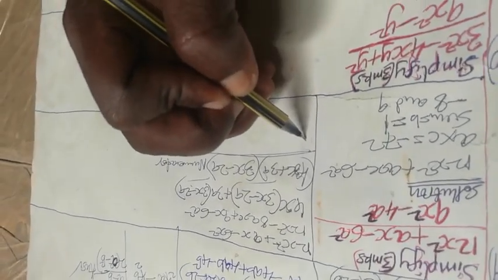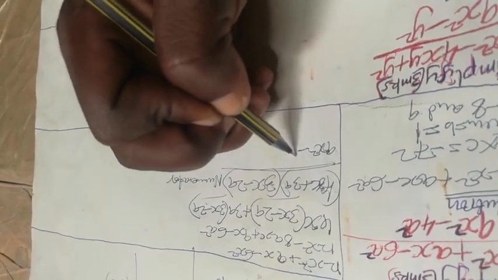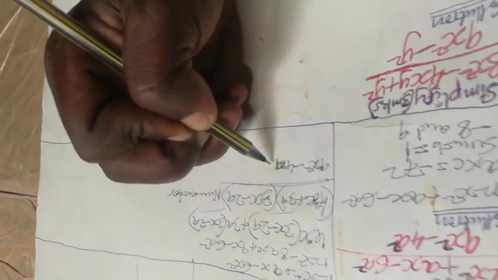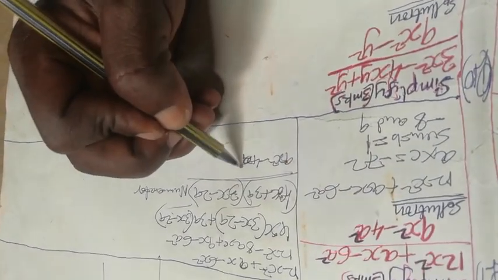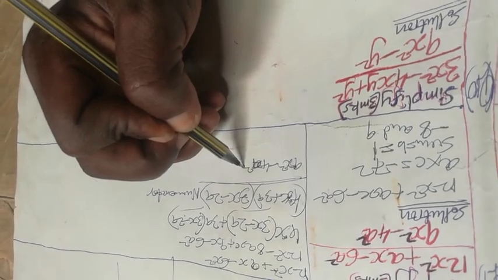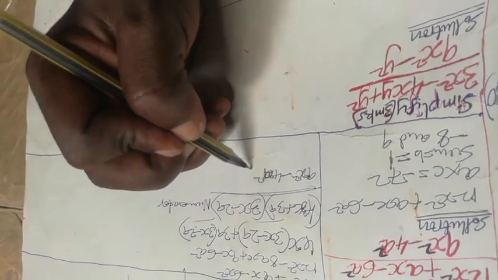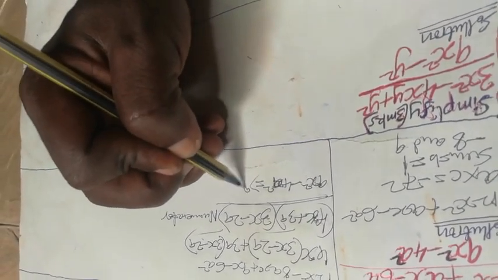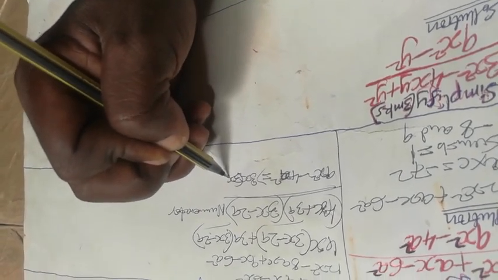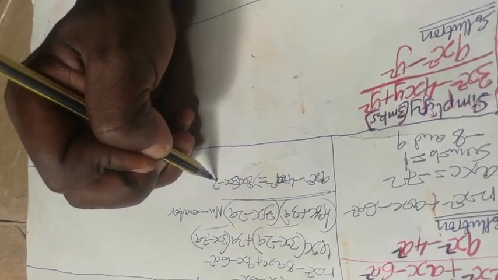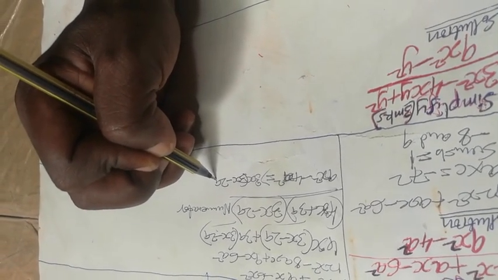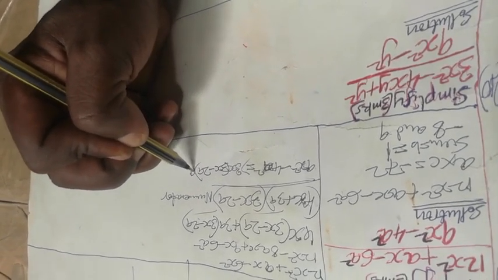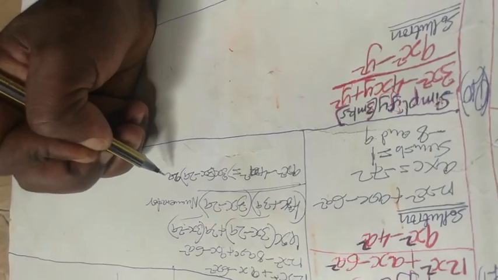Our denominator is 9x squared minus 4a squared, which is equivalent to 3x into brackets 3x minus 2a, because 4a squared is 2a into brackets 2a.